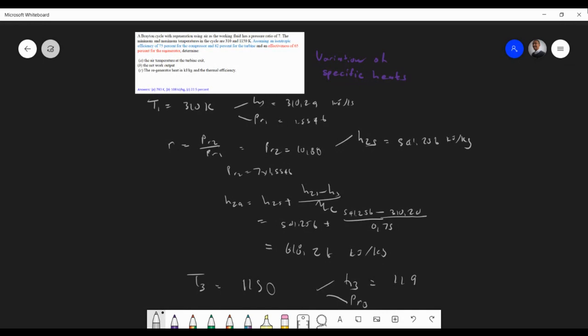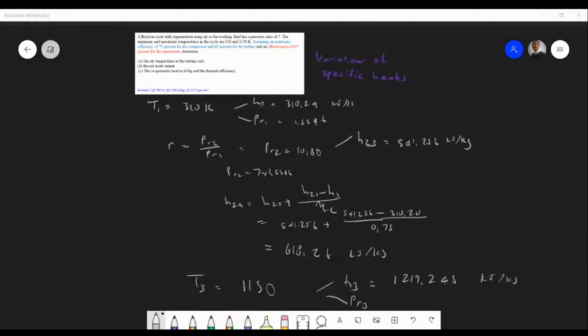So it's 1219.25, 1219.245, sorry, kilojoules per kilogram. And for PR3, it's just basically between the 2 values there, which is 207 and 193, I think. 200.15, yeah.